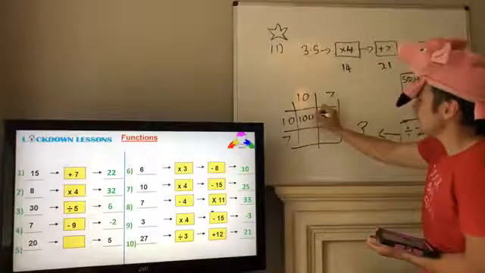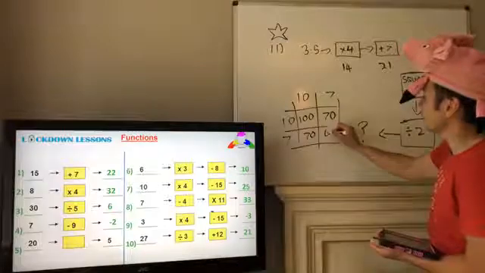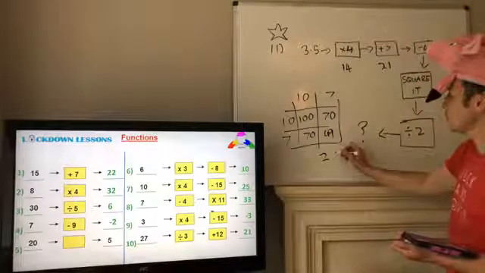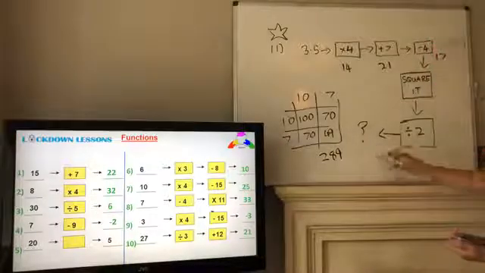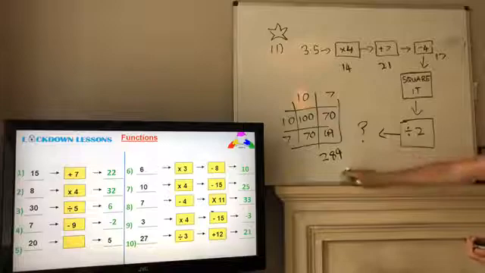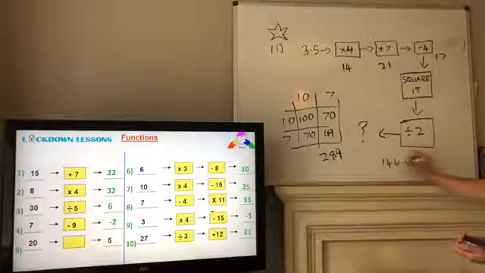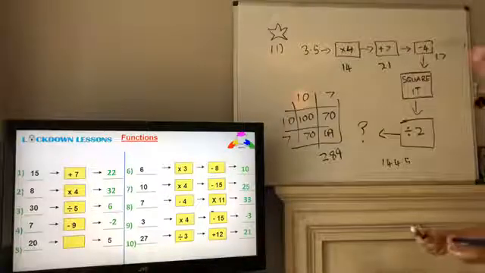So that's 100, 70, 70 and 49. Add all those bits together, gives you 289. Then you're going to half 289, or divide it by 2, which gives you 144.5.